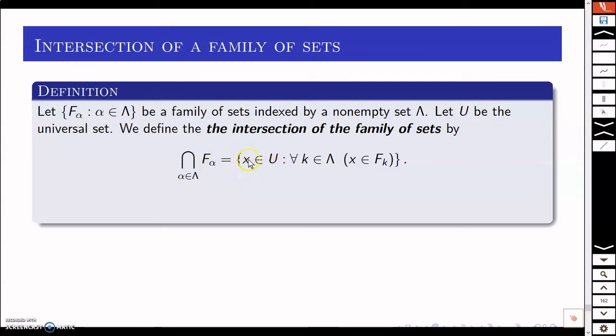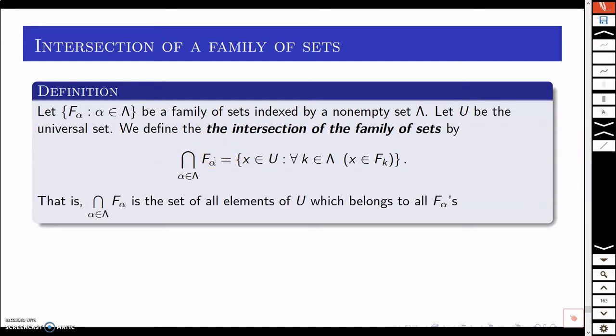So this is nothing but the set of all X in U such that for every k in delta, no matter what point k in delta you take, X will be there in that F k. So this element X should be there in each and every F k, where k is varying over the indexing set delta, right? Then only the point X is going to come in the intersection. It should be there in all of them.